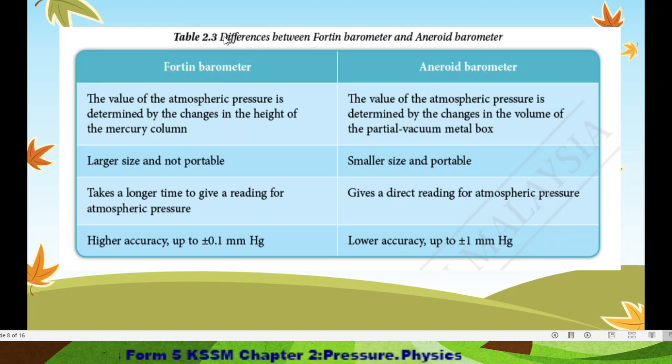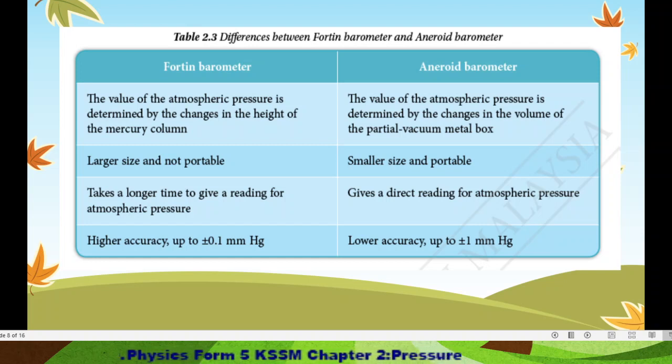The differences between the Fortin barometer and the aneroid barometer. Okay, let's look at them one by one. The first one, for the Fortin barometer, the value of atmospheric pressure is determined by changes in the height of the mercury column.